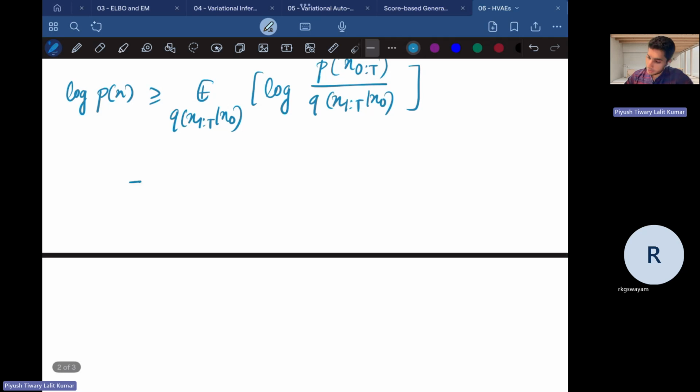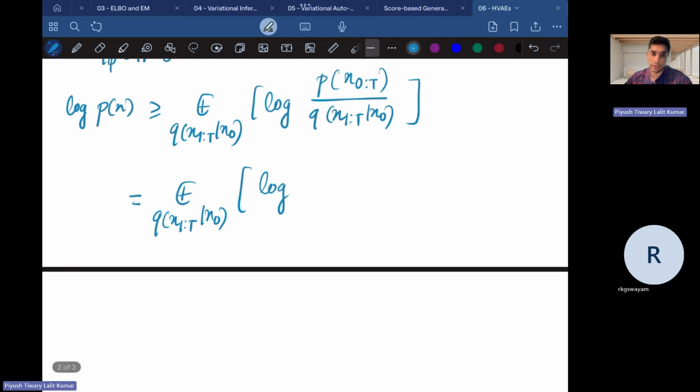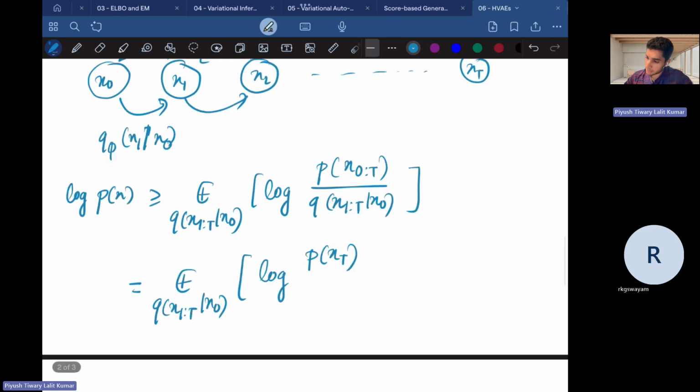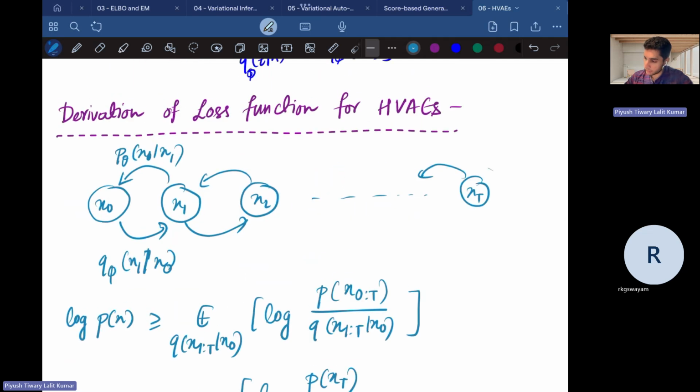What we are going to do is the expectation remains as it is, over x1 to t given x naught, right? What we will do instead is start decomposing the numerator and denominator inside the log. The first thing is p of xt, the prior of the generative view.